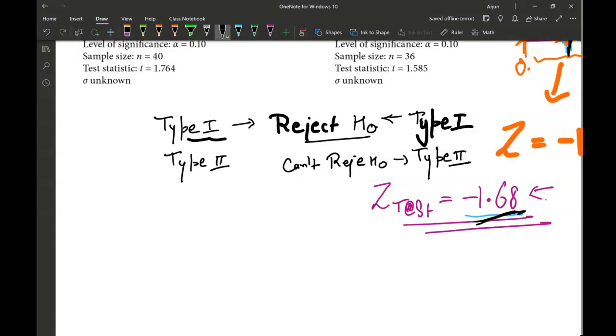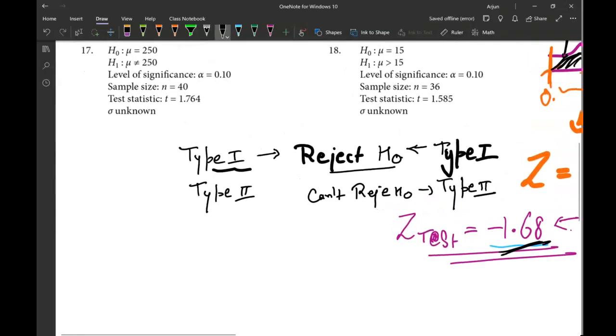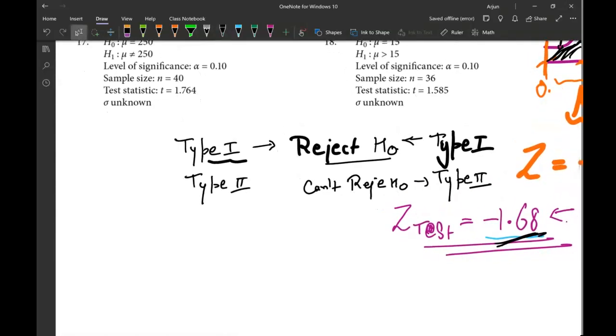Okay, so hopefully you were able to understand how to approach these kinds of questions. Now I'm going to try and do one more question with you guys about hypothesis testing.